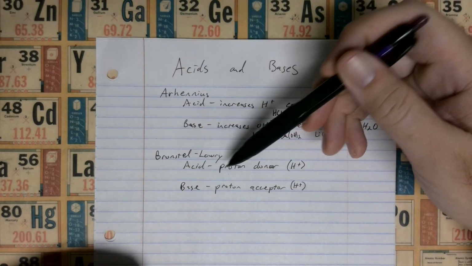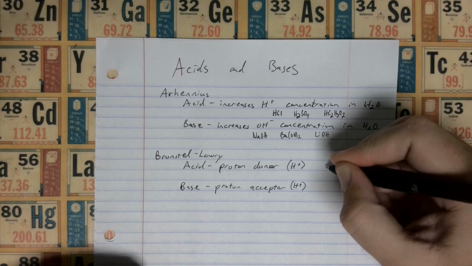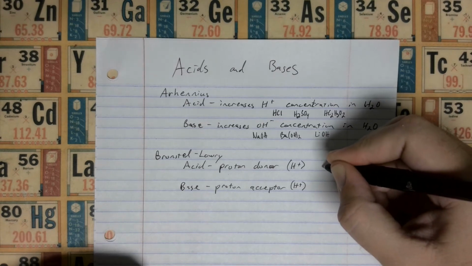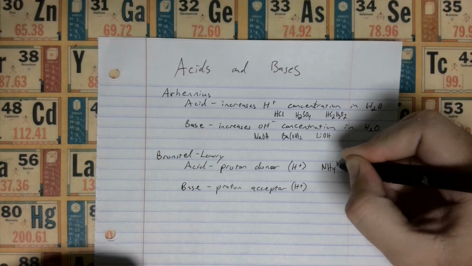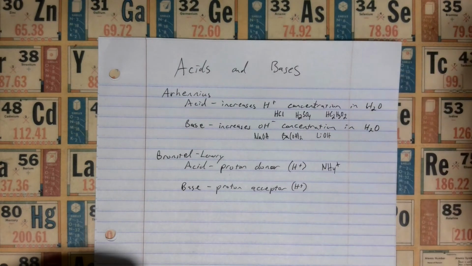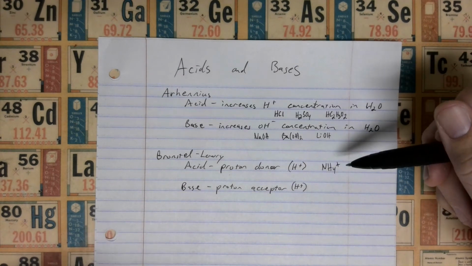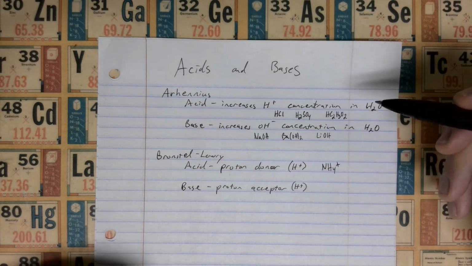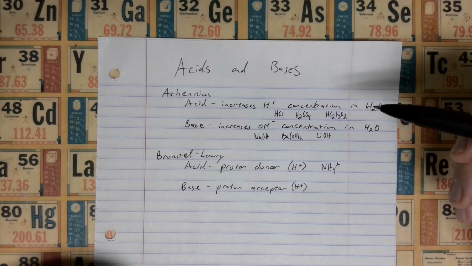So an acid would be something like NH4 plus, ammonium, because what ammonium can do is give away this extra H, and that would be a proton donor.